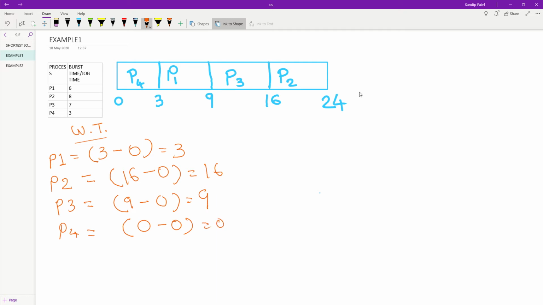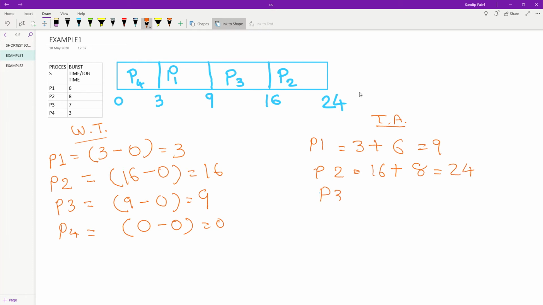So now we will calculate the turnaround time also for each process. Process P1 turnaround time is the waiting time 3 milliseconds plus the burst time 6 milliseconds, it's 9. P2 waiting time is 16 milliseconds and the burst time is 8 milliseconds, so the total turnaround time is 24.